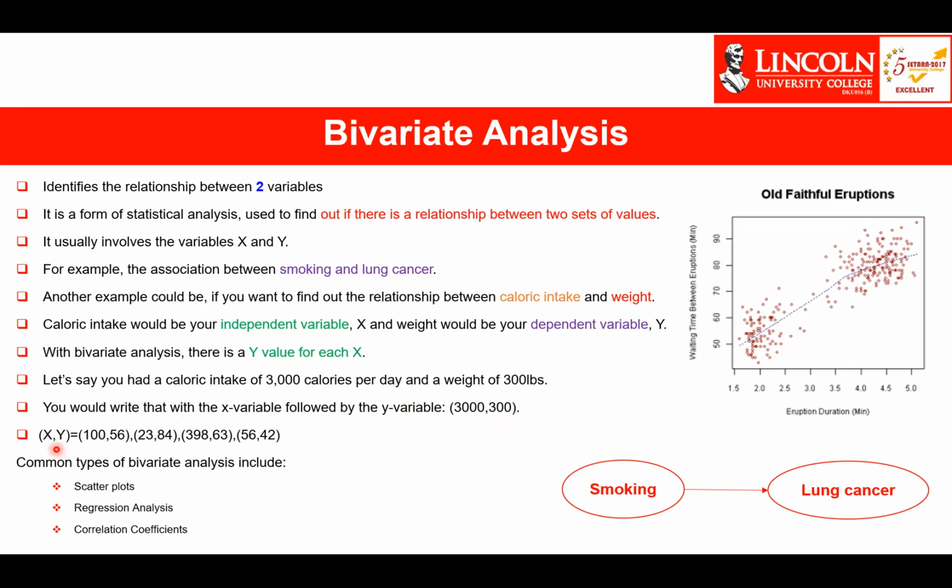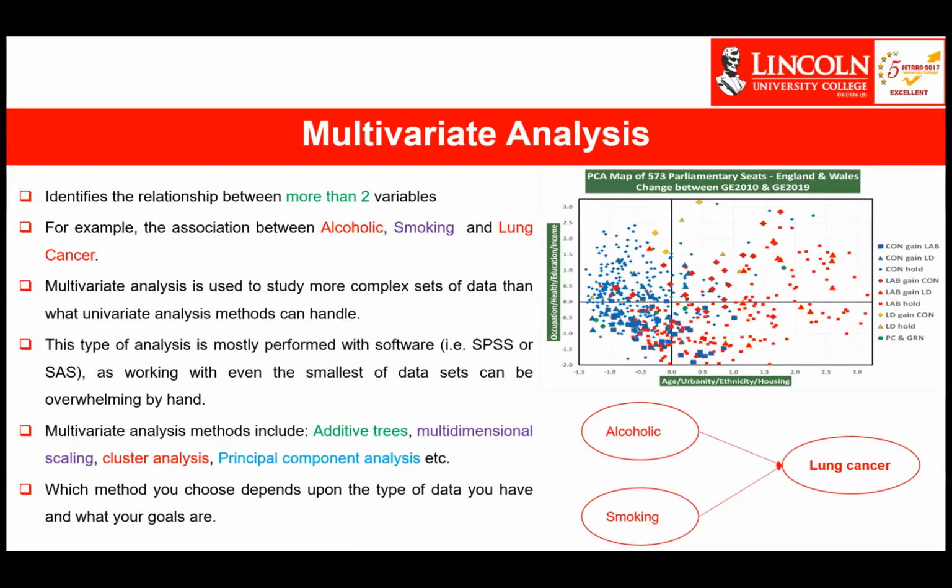So you can have something like XY equal to 100, 56, 23, depending on the number of subdivisions. Common examples of bivariate analysis include scatter plots, regression analysis, and correlation coefficients. So these are the kinds of analysis that can be carried out on bivariate data.